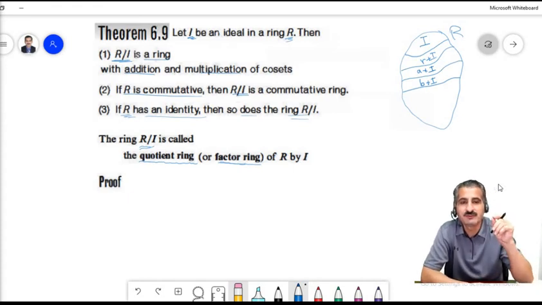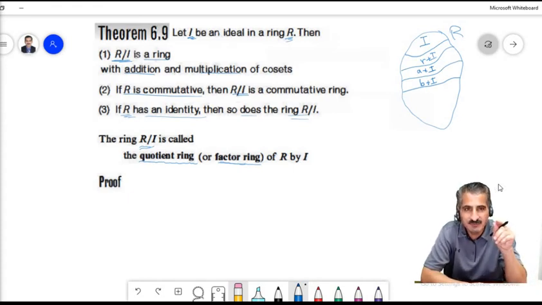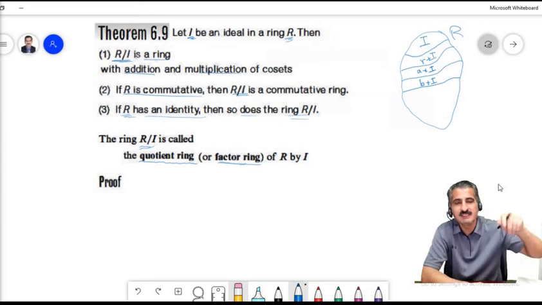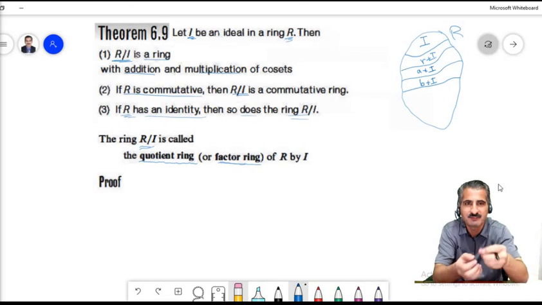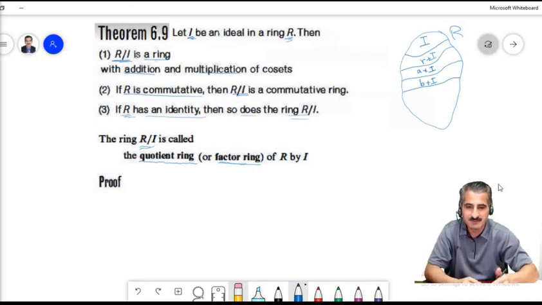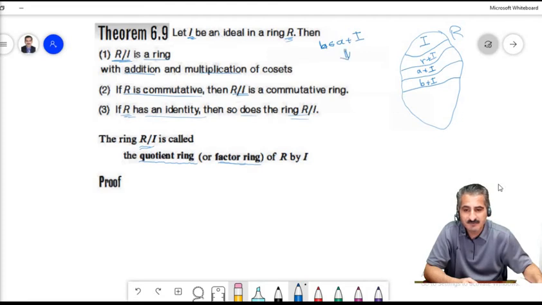Because if you take b in one of these cosets and then make a coset of that b, then it will be the same as the coset you have taken b from. Like I'm saying here, for instance, if you take b from a plus I, the coset formed by b is the same as the coset formed by a.